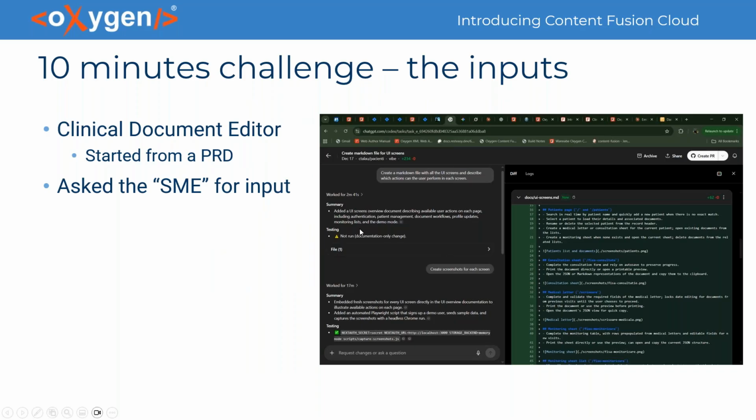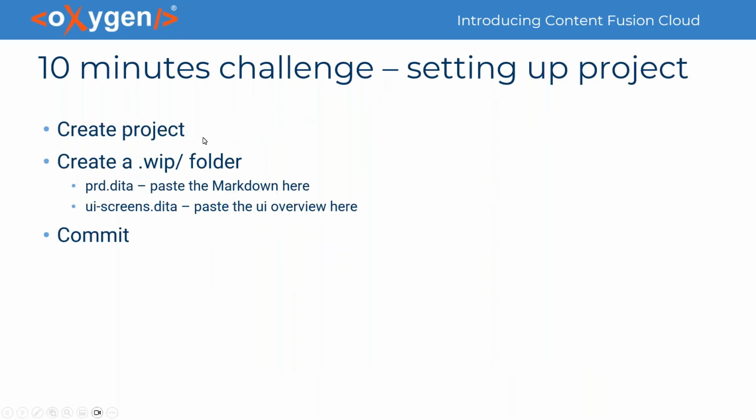And this took about 3 minutes to generate, and then creating screenshots for each section took 17 minutes. So this is my input. And then I will first outline the steps that I will follow, and then I will actually run the demo.